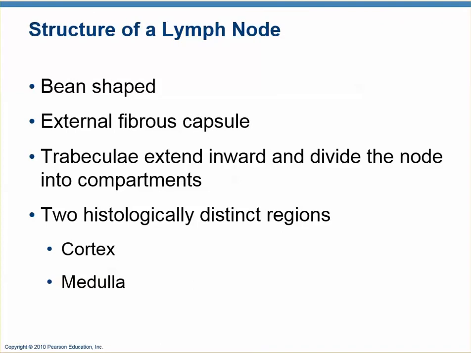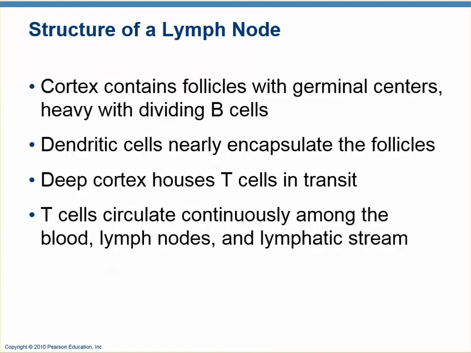They look like little tiny beans. They have a capsule. They have trabeculae inside. The node inside is divided into compartments. There's a cortex and there's a medulla. So in the cortex, which is around the outside, there's follicles. There's lots of B lymphocytes. There's lots of dendritic cells.